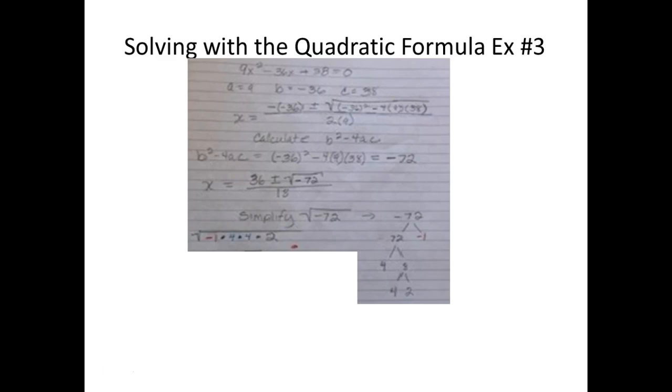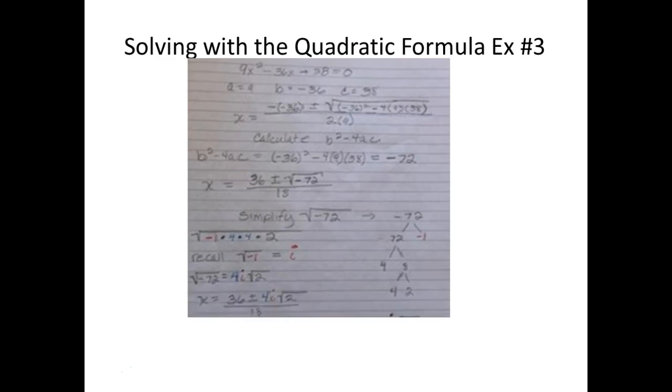And also, as you may remember, the square root of negative 1 is equal to i. So all of that can come outside of the square root, and the square root of negative 72 ends up being equal to 4i, the square root of 2. That's all that's left under the square root.